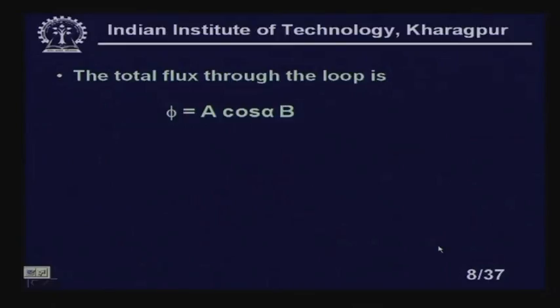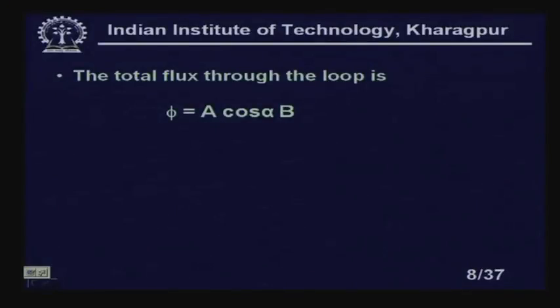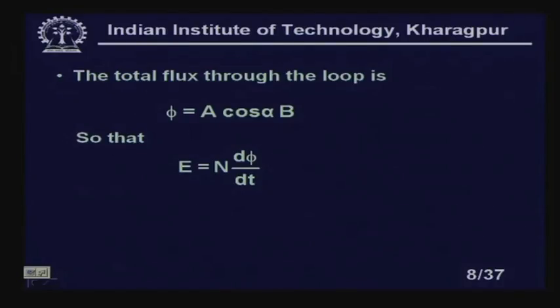The total flux through the loop, that means the loop of the coil, is given by phi equal to A cos alpha into B, right. This is the total flux in the loop. So E equal to N d phi by dt, that means the derivative of phi with respect to t.